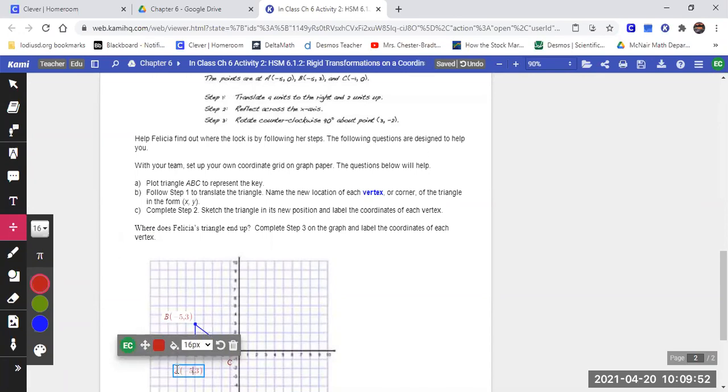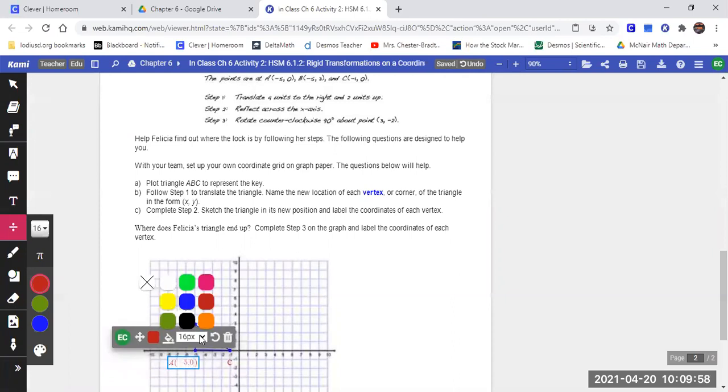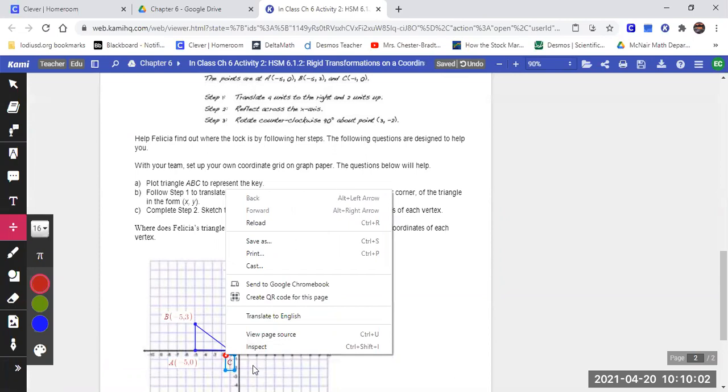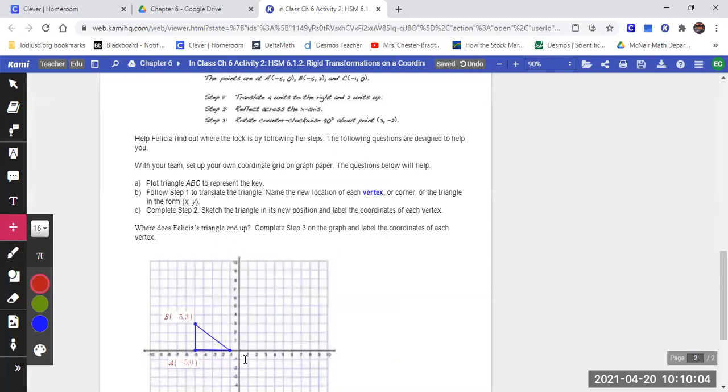A is at -5, 0. And then C, change that one up, is at -1, 0.